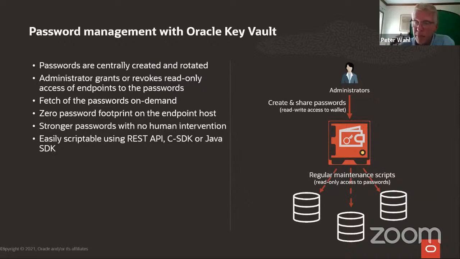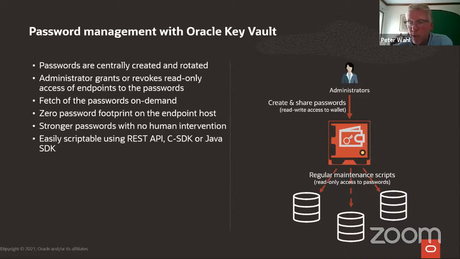Now, if you upload your password into OKV, then we can automate the password change process. The password can be generated so that it's to be used only once. The password is very, very strong because humans don't have to remember it. So there are so many benefits that you get from retrieving a database account password out of OKV because everything can be automated.